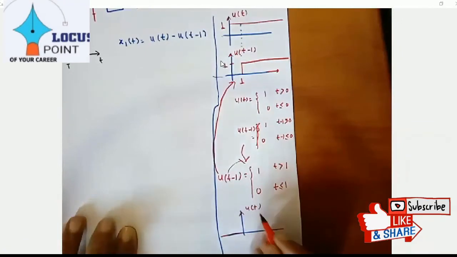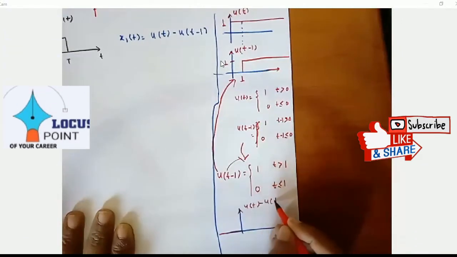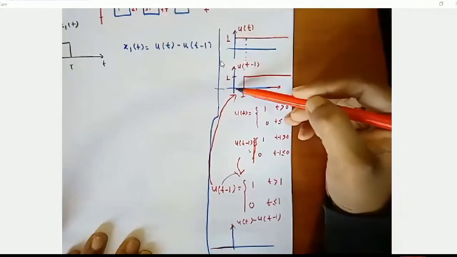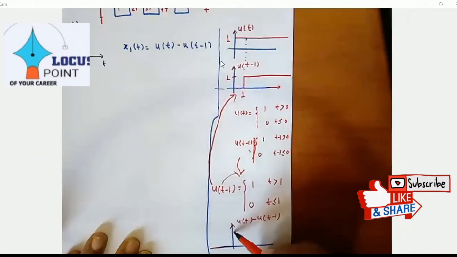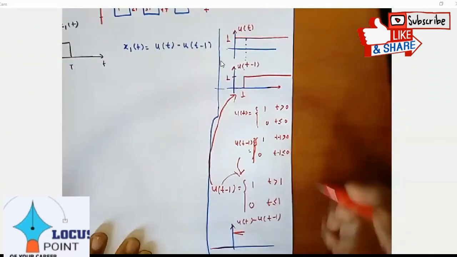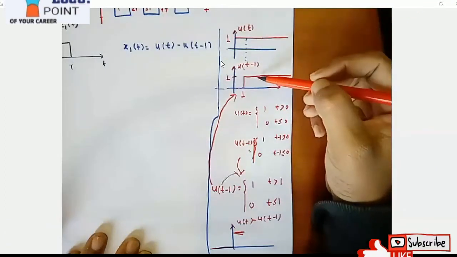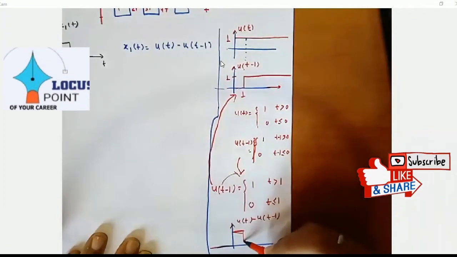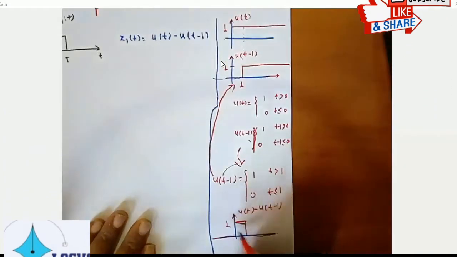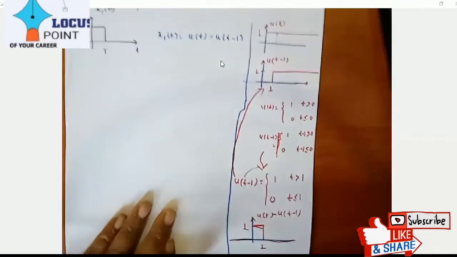Clear? This is u(t) minus u(t minus 1), right? Then 1 minus 0, because this is 0, gives 1. It will be 1, this one. And then 1 minus 1 gives 0 again. Look at it, so this is your graph.